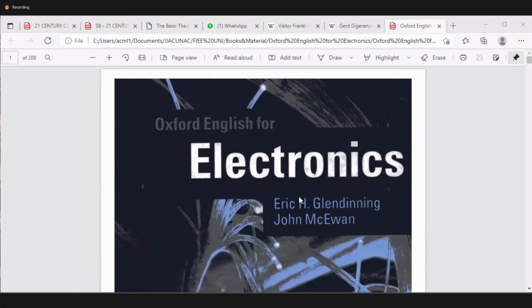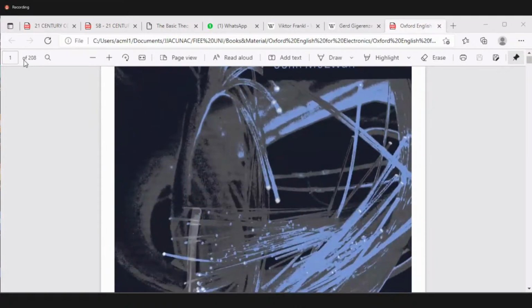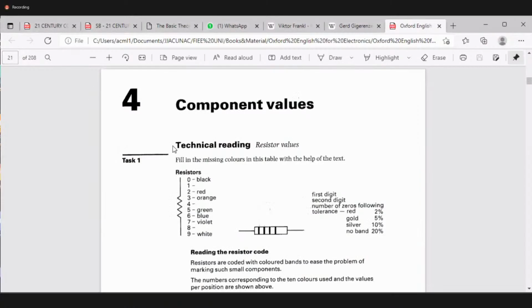After a certain number of sessions, we are going to move to electrical mechanics. In this book of electronics, we're also going to see chapters connected to communications, to telecommunications. So page 21, component values.